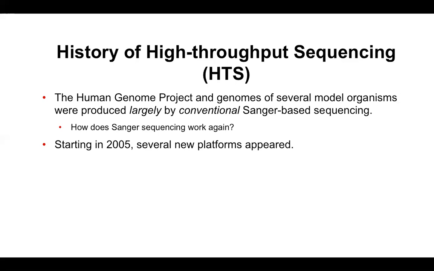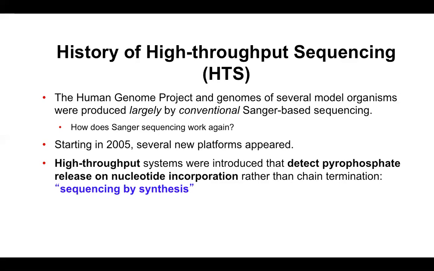Starting in about 2005, we started to see the appearance of several new sequencing platforms. And this is where things started to get different, okay? So we called Sanger sequencing chain termination sequencing. And that, again, is we are adding a special nucleotide that will stop the formation of that chain, and that's what we're detecting.